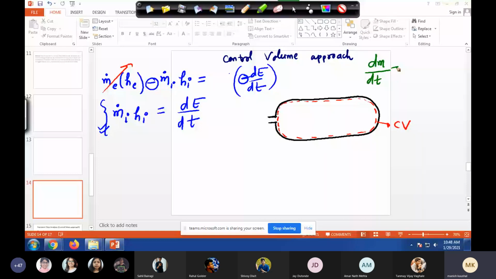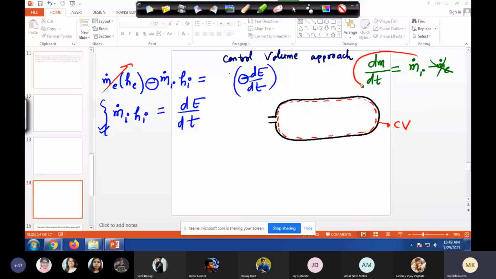Dm by dt in this problem? Is there any outlet, any exit? No. So what will be dm by dt? Only due to this, right? Otherwise you can write this, but do we have any exit? No. So this is not there. So we have only this. Dm by dt is this.